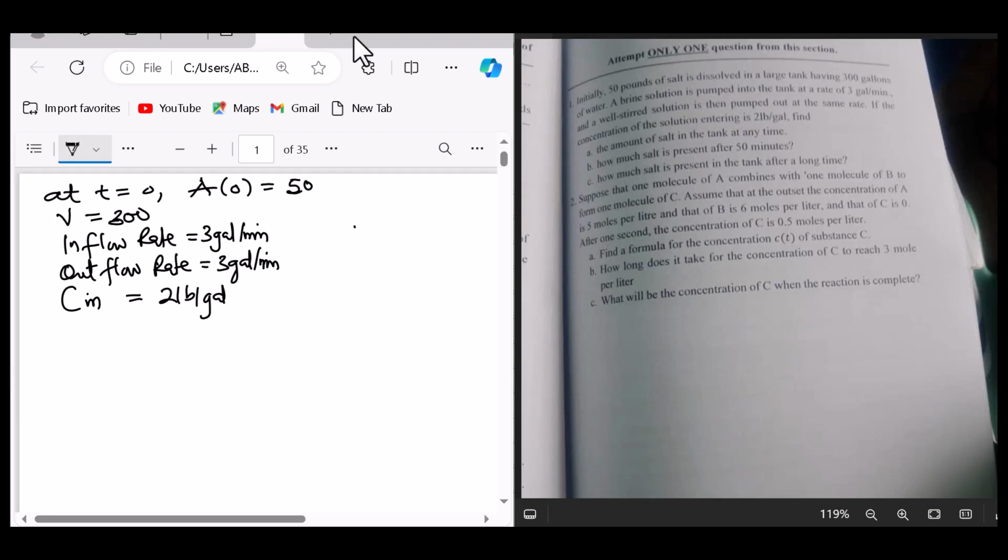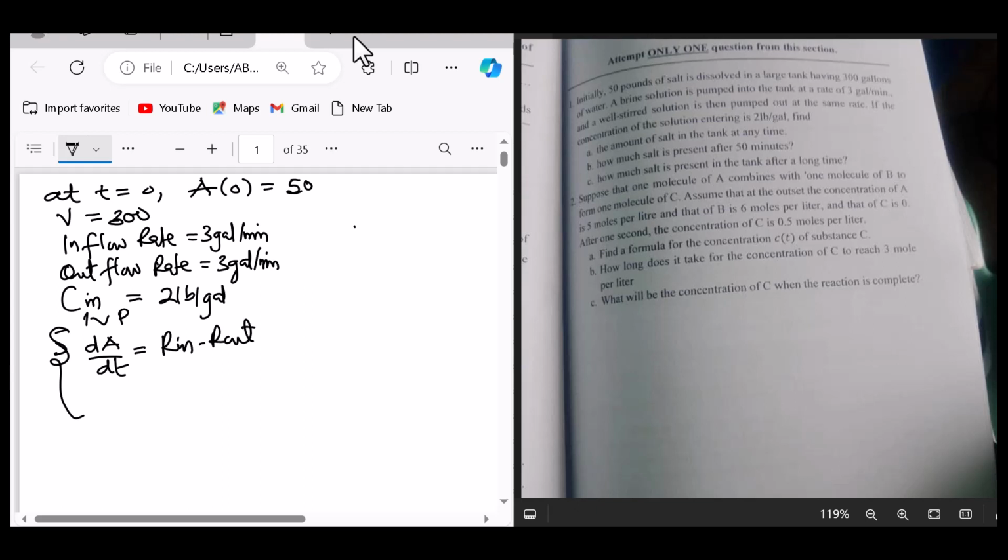So these are our basic information, but we know that the IVP that we will be modeling is very important in solving this. So we will have dA/dt equal to R in minus R out.